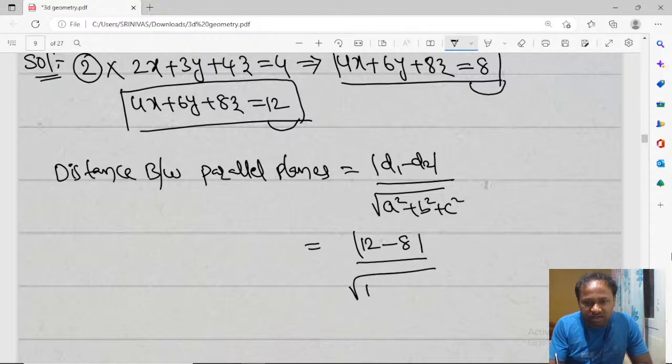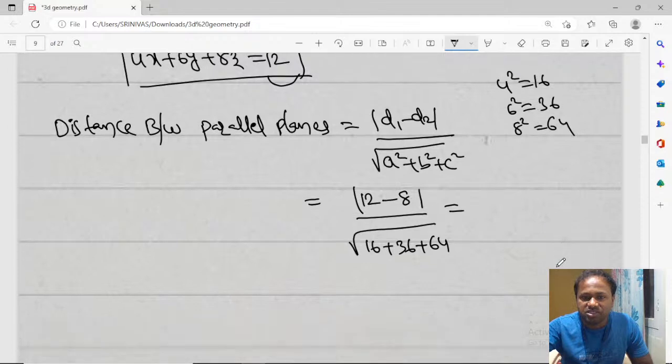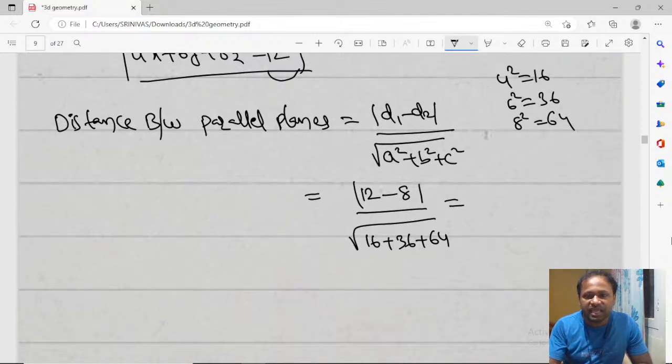A square is nothing but 16. 4 square is equal to 16. 6 square is equal to 36. 8 square is equal to 64. Okay. So 36 plus 64. So that is equal to how much we get? 12 minus 8, 4 divided by under root of 16 plus 36 plus 64, and its value is 116. 4 divided by root 116. Okay?